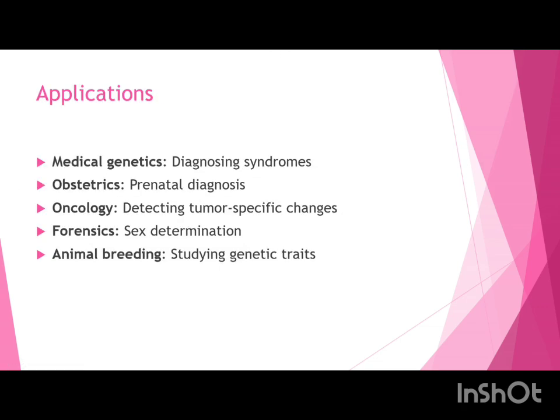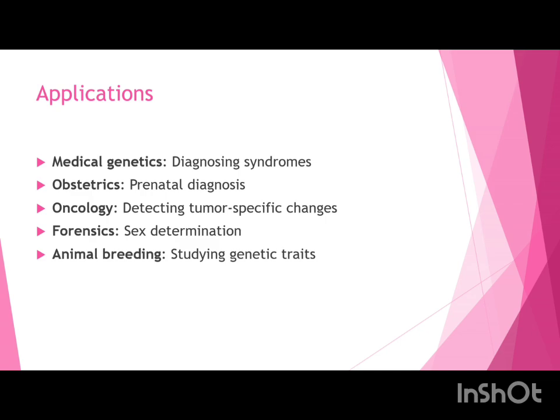Now, when we talk about the applications, it is medical genetics. It has huge applications in obstetrics. When we talk about prenatal diagnosis in late pregnancies, where there are chances of chromosomal abnormalities in the fetus or in the newborn, then before the birth, at 6 to 8 months, there is diagnosis of the child.